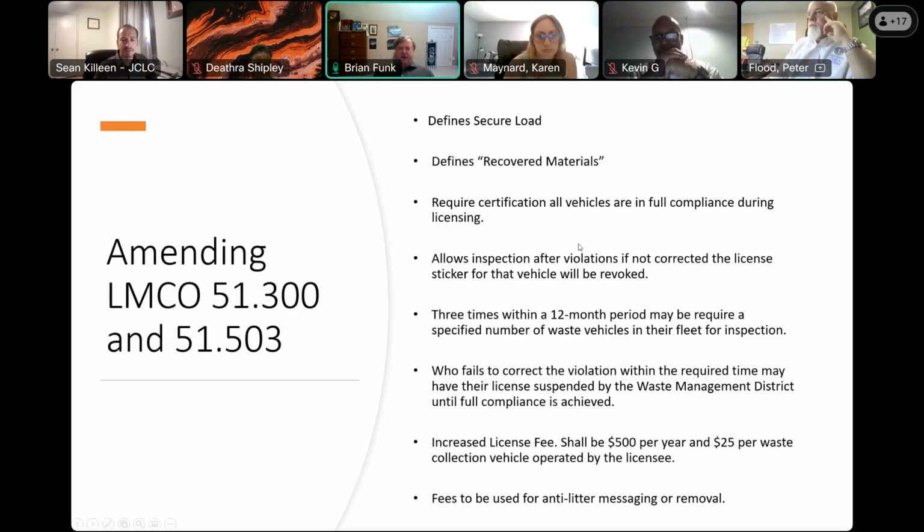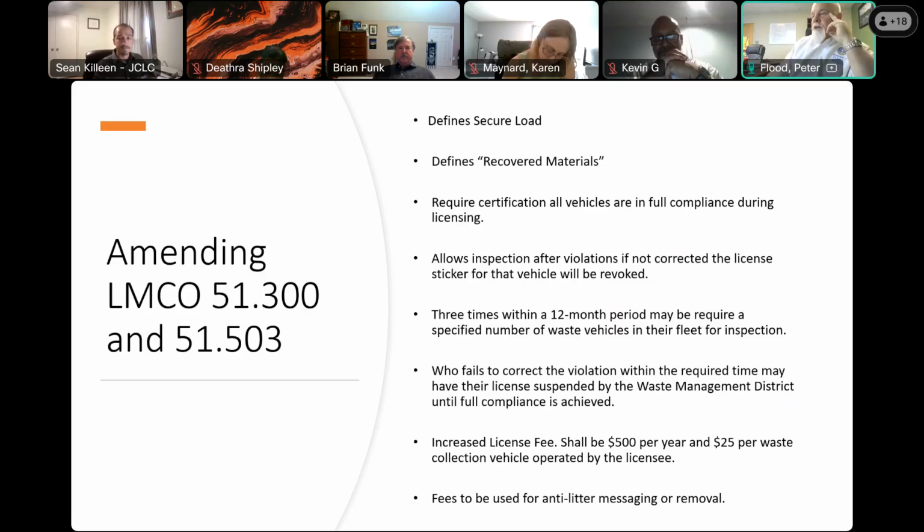Hey, Pete, what were the prior fees? It says the fee increased and it's $500 per year and $25 per waste collection vehicle operated by the licensee. What were they prior to that? Previously, the license fee was 100 and the per vehicle fee was 10.